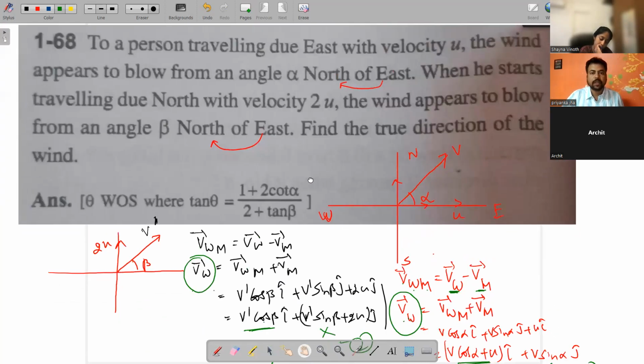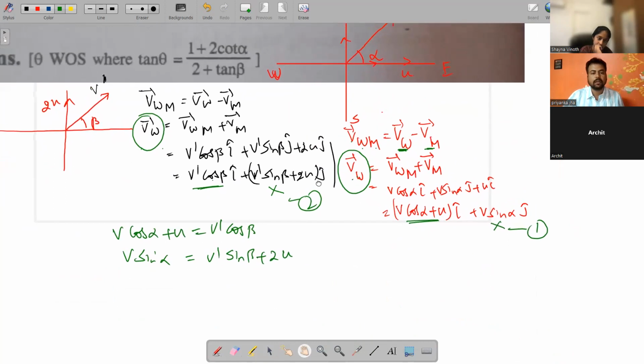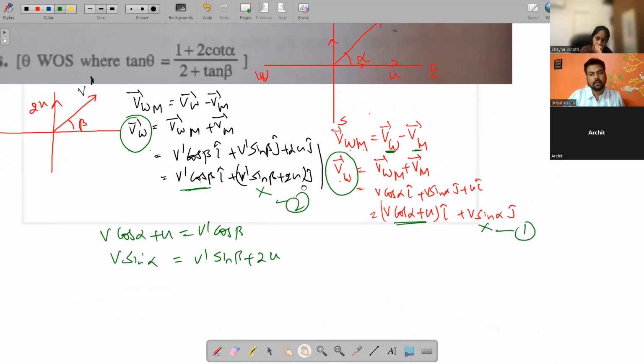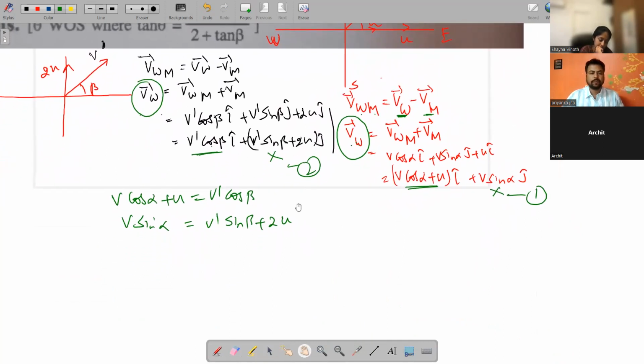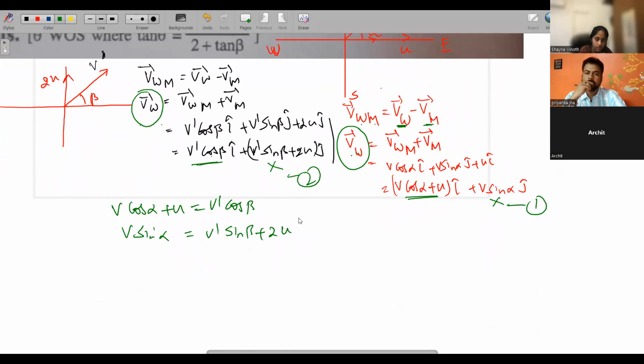Any speed that is given, U is given. So we can write V in terms of U.